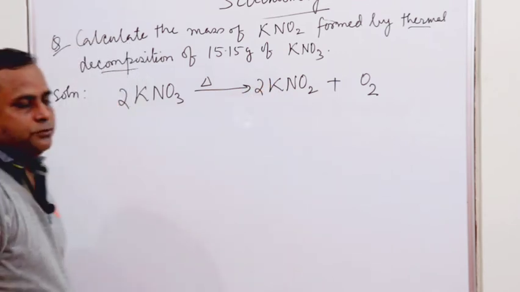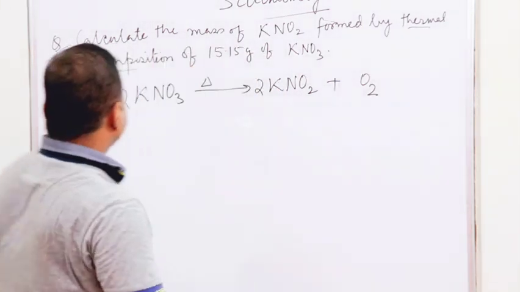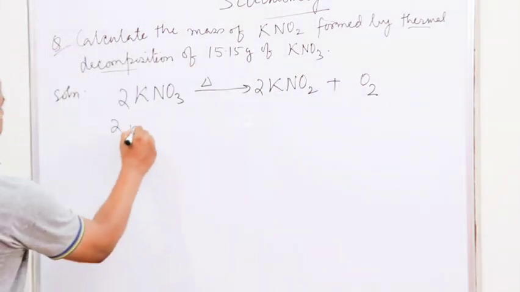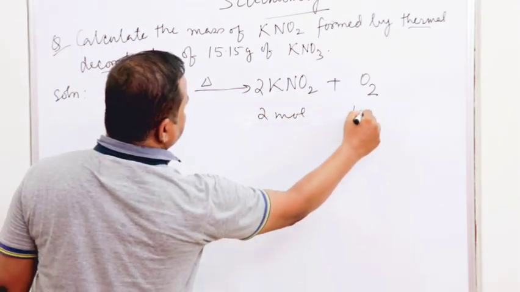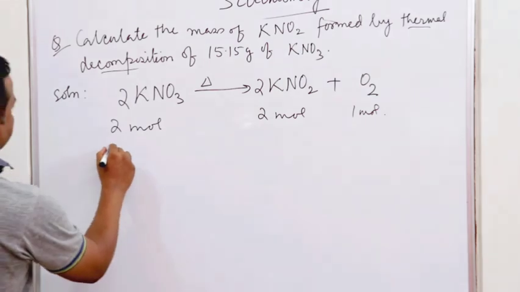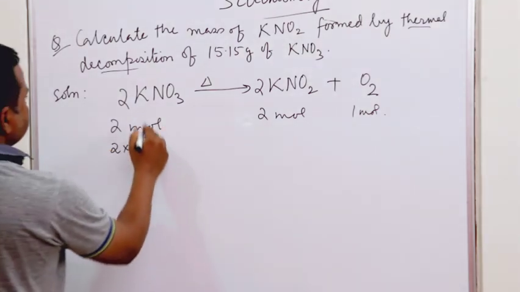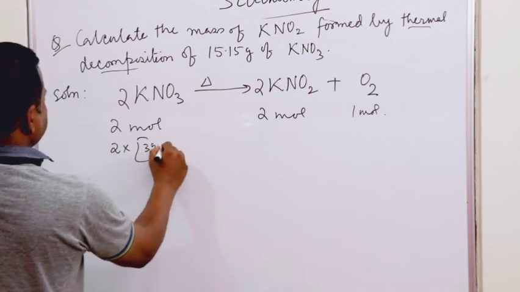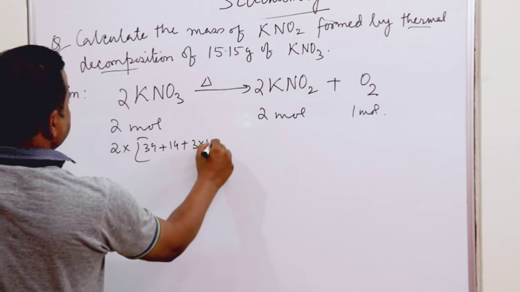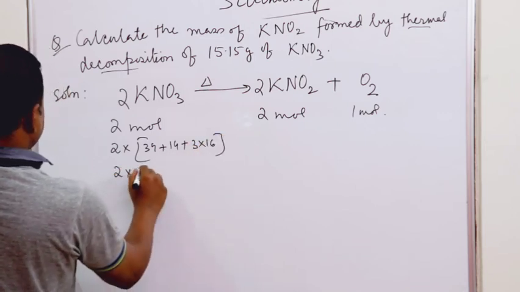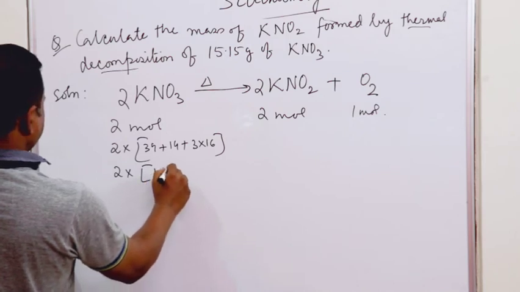Now we have to go to the second step, that is, we have to find the molar ratio. So 2 moles here, also 2 moles and 1 mole. First we will calculate the molar mass. Potassium 39, nitrogen 14 and oxygen 3 into 16. So 2 into this is 101.